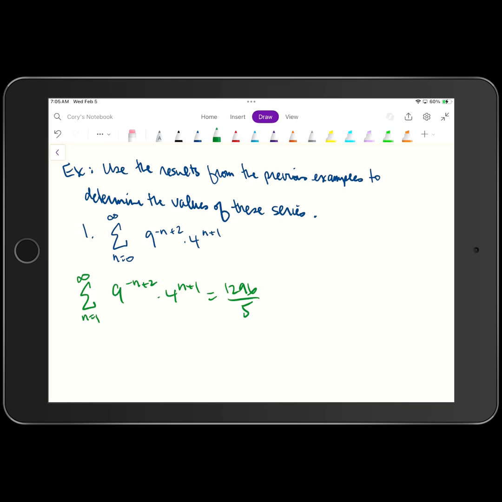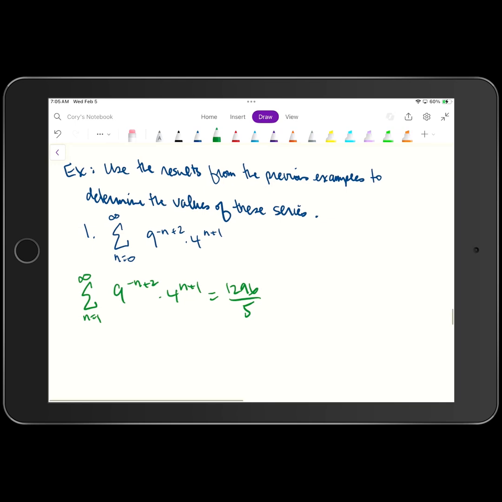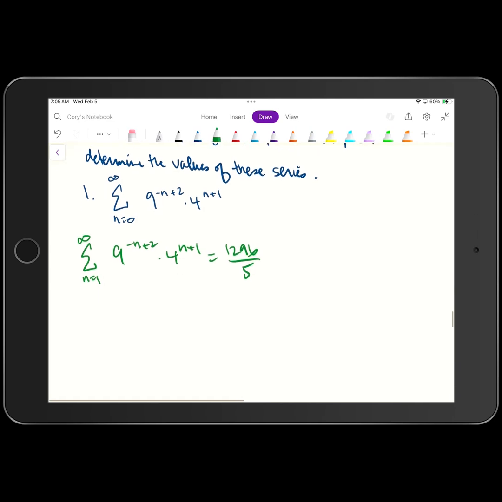So we said that that was 1296 over 5. Well, how does that series compare to this series? This series here, which is the sum from 0 to infinity of 9 to the negative n plus 2 power times 4 raised to the n plus 1 power, is going to be equal to the n equals 0 term plus this series that we just found.